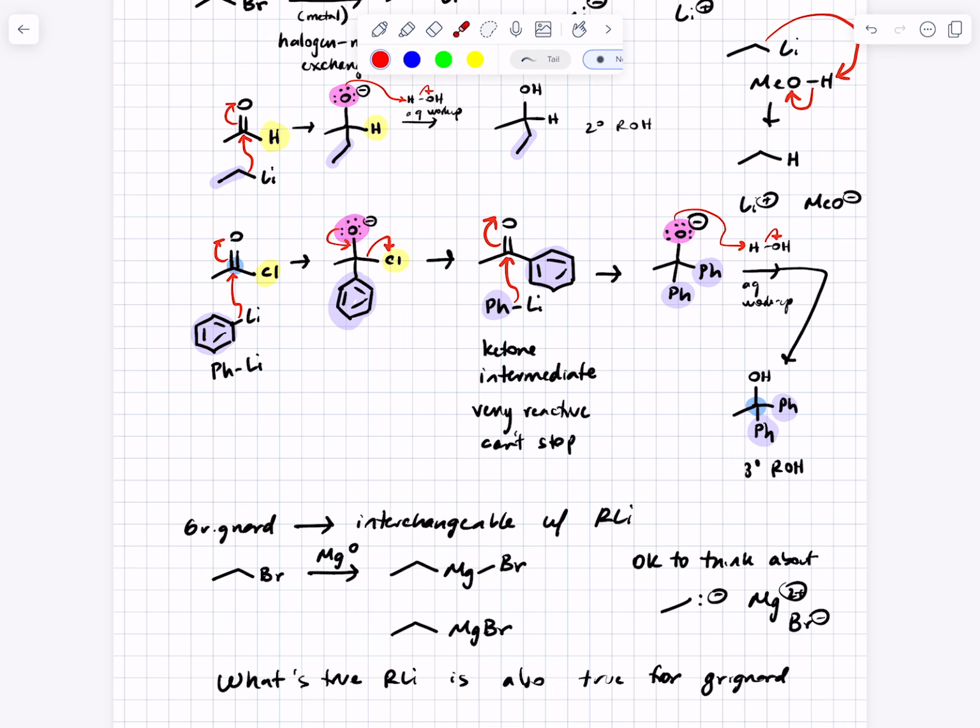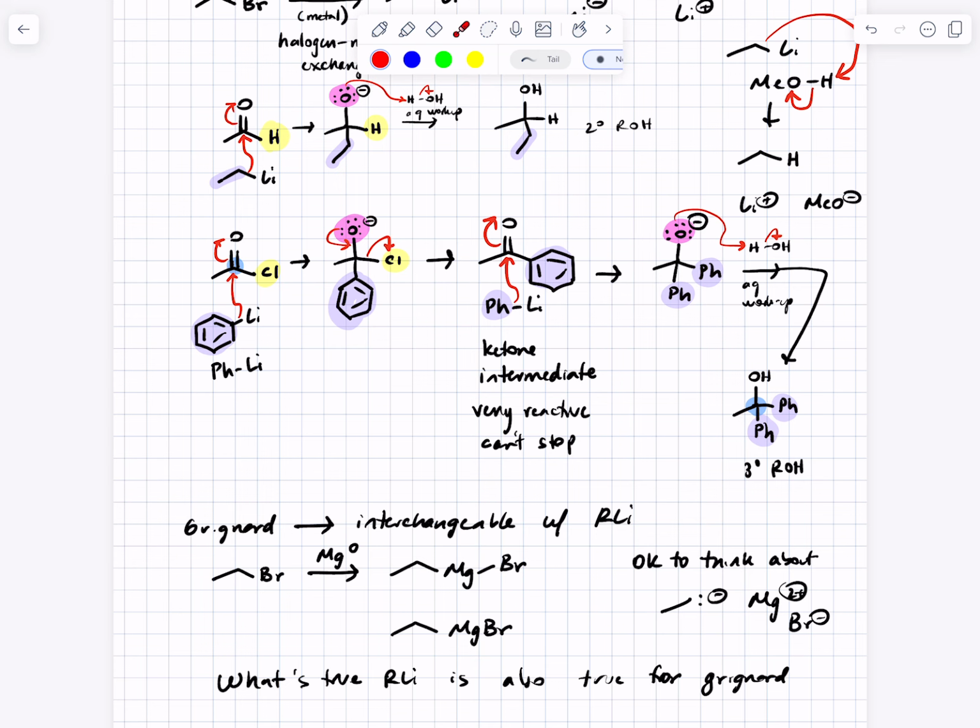You'll need to make sure you do that in the study guide and can follow along, but what's true for the organolithiums is also true for the Grignards. That is, if a Grignard reacted with an acid chloride or an ester, it would also not stop at the ketone, but go all the way to the tertiary alcohol. Okay? Does that make sense?